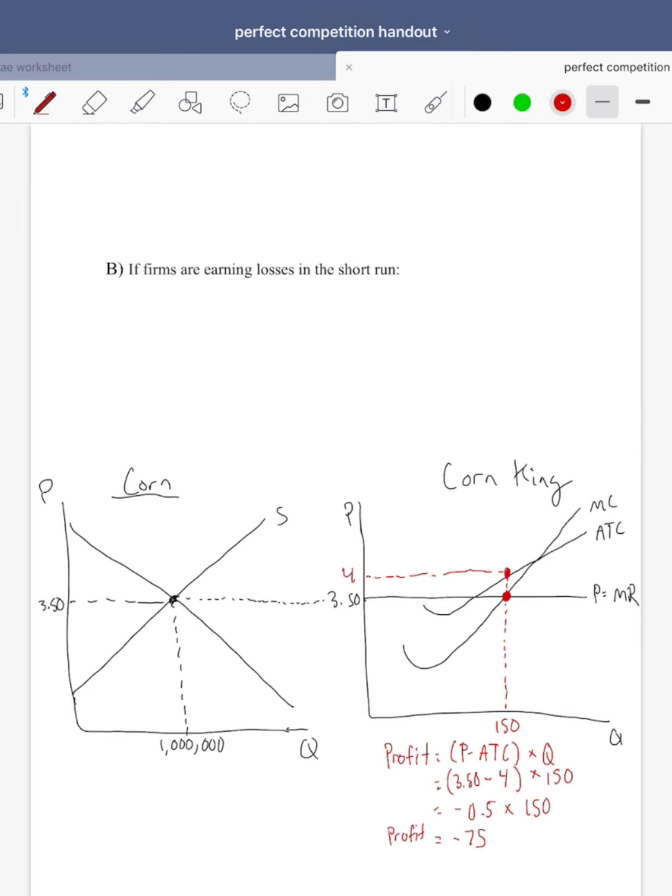So if firms are earning losses in the short run, and we're assuming that my firm's not the only firm earning losses, so each firm is going to have to apply that shutdown rule. And for some firms, it might be beneficial for them to shut down. So if firms are earning losses in the short run with no barriers to exit, some firms will shut down.